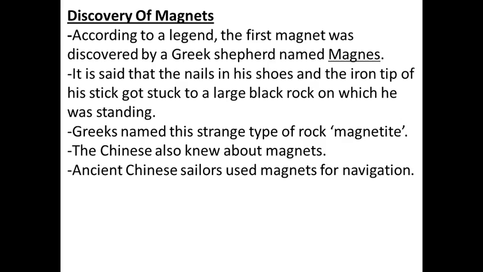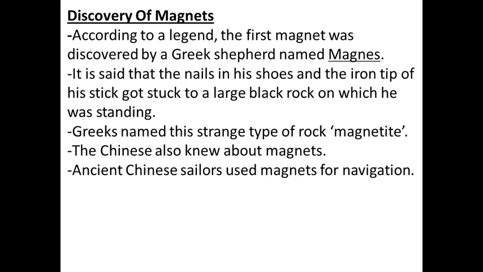So one story behind the discovery of magnet: maybe more than 2500 years ago, 2000 or 3000 years ago, the Greeks discovered a certain type of black stone that had the power of attracting pieces of iron.